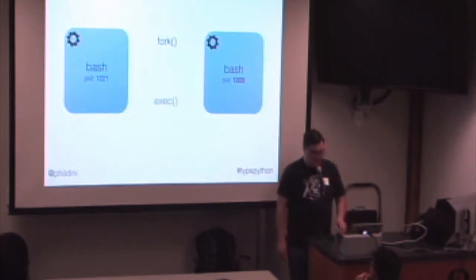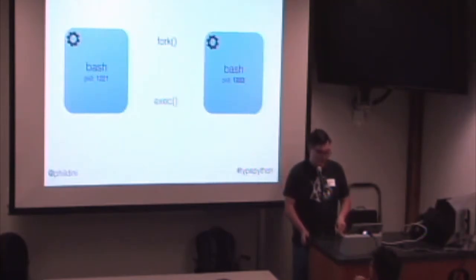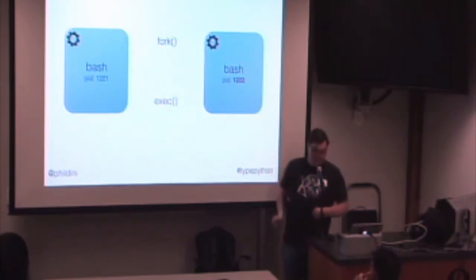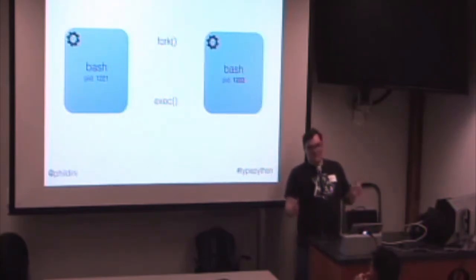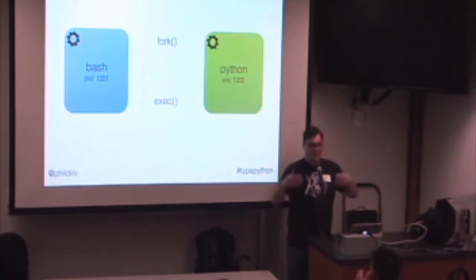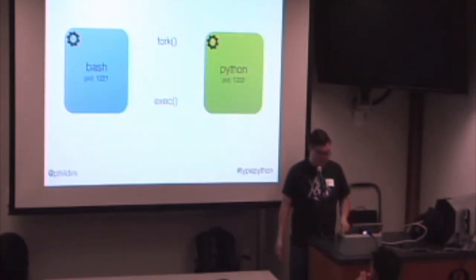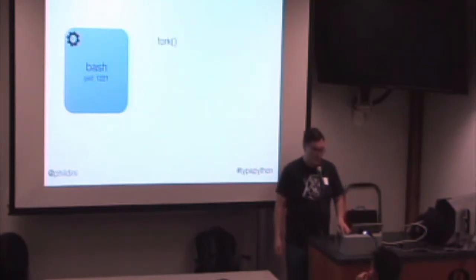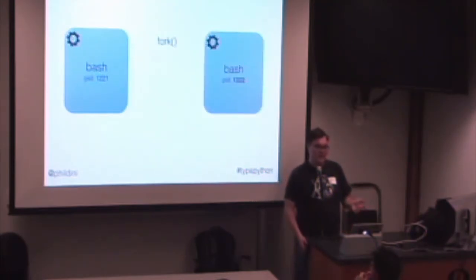Now Python is running in this separate process, and nothing, to the best of my knowledge, that you can do to this separate process, PID 1222, can kill the bash shell. I'm sure there's some exploit or a fork bomb or something that actually could kill the bash shell, but nothing that you would do in a normal operation would. So now when Python exits, you're just going to get dumped back to bash. You're not going to get a process completed.